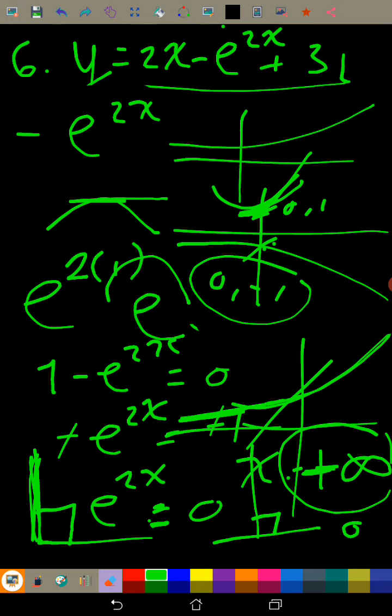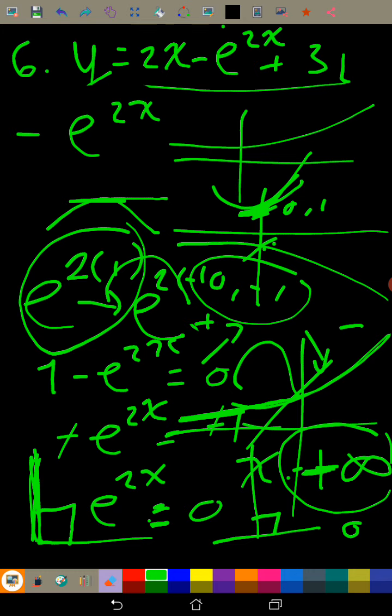But if we take e^(2 times minus 1), so the 2 should show, like, if I remember, this is like going up and then going down. So this should be negative and this should be positive. That's how we can tell that in this case it's a maxima here.